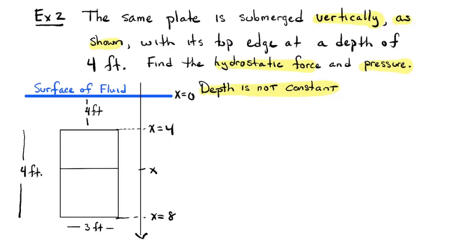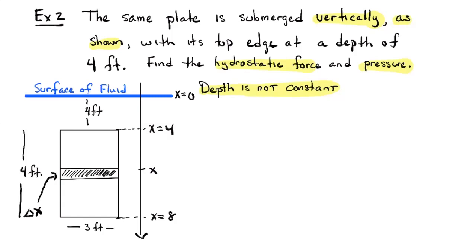And so what I'm going to do is give myself a little rectangle, draw another value here, call its thickness delta x, okay? And the idea is that if delta x is small, then I can assume that all points in that little shaded rectangle that I just made are at the same depth.